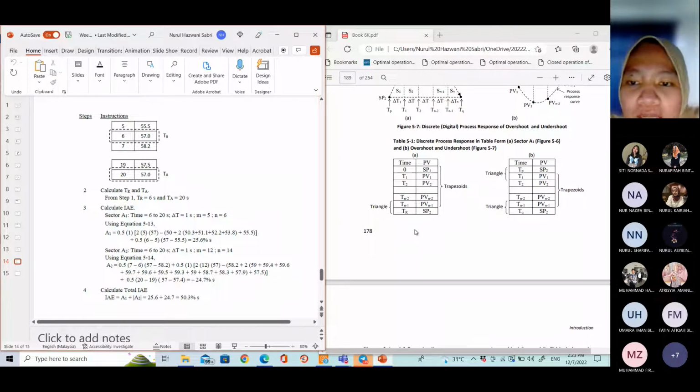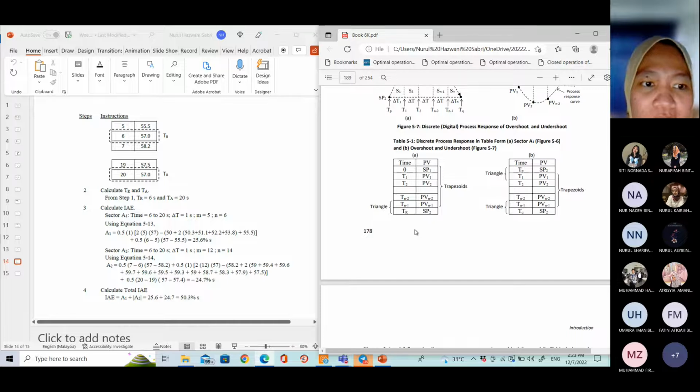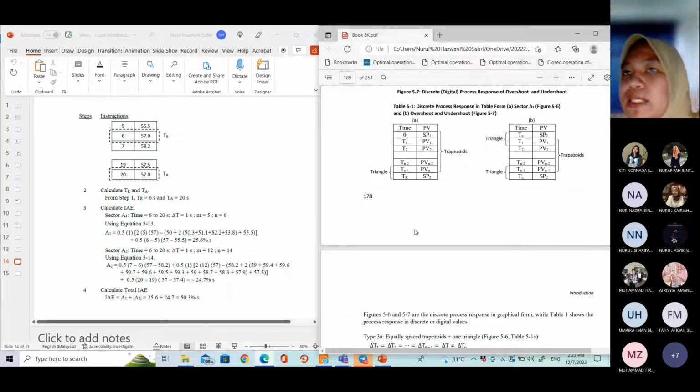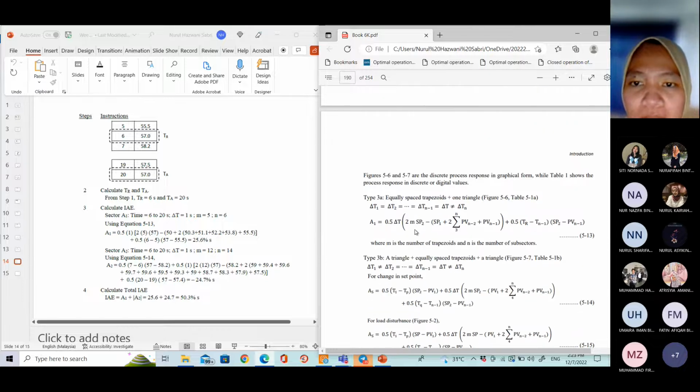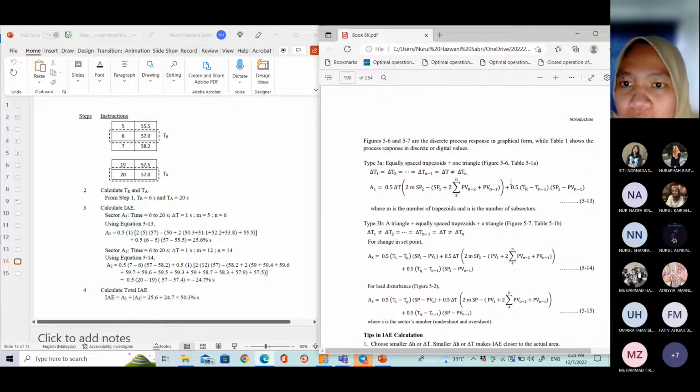Okay, so number 3, you need to calculate the IAE. To calculate the IAE, you need to identify the sectors. As you imagined earlier, we have 2 sectors: A1, the increment one, and the overshoot one, which is area number 2. For the increment one, if you see the notes that I explained before, we have type 3A to calculate the area under the curve for area 1.